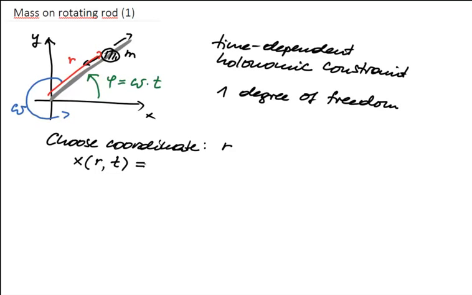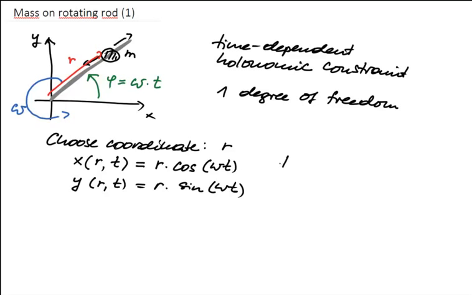and the Cartesian coordinate x is given by r times the cosine of the inclination angle at that time, and the angle at that time is omega t. The same for the y component. Y as a function of r and t is given by r times the sine of omega t.